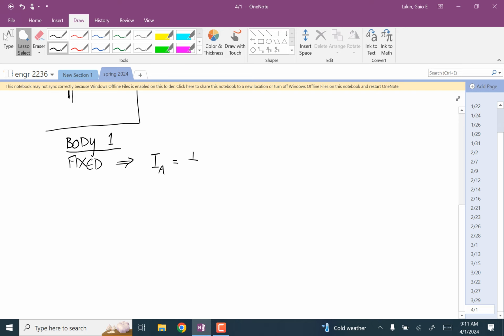And so this is equal to 1/12 times the mass times the length squared plus the mass times the distance squared that you have to move from the center of mass to the about point. So this is 0.25 squared. And I think you get 0.083 repeating.